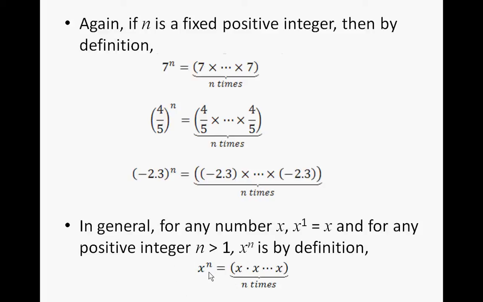X to the nth power, so any number x to the nth power where n has to be greater than 1, you're going to show that you're multiplying x times, and notice how they're using the dot for the multiplication because it would kind of look silly if we had x times x. It would be very confusing and very ambiguous as to what is that multiplication sign. So in this case they use a dot, and then they use the ellipsis again to show that we're multiplying by x and then n times.